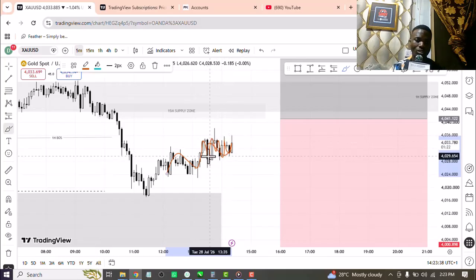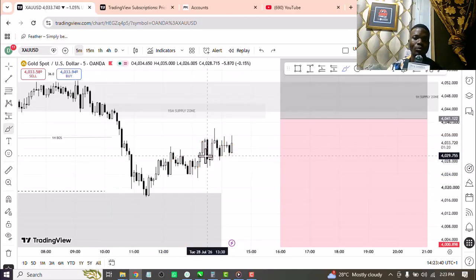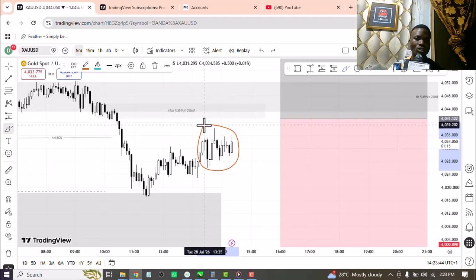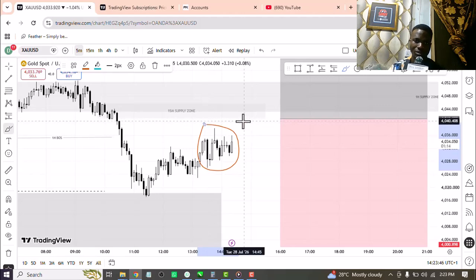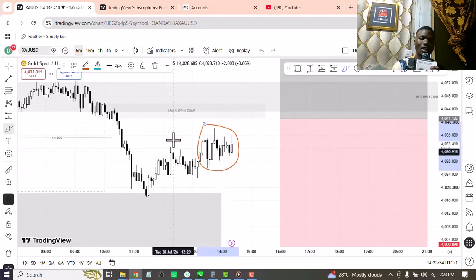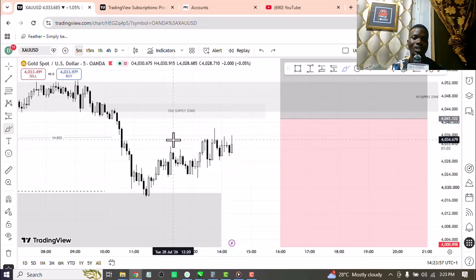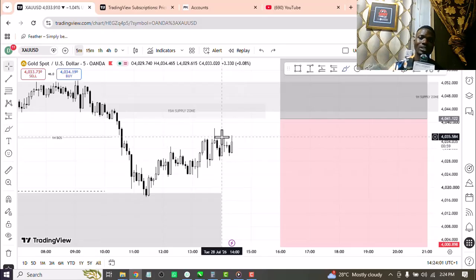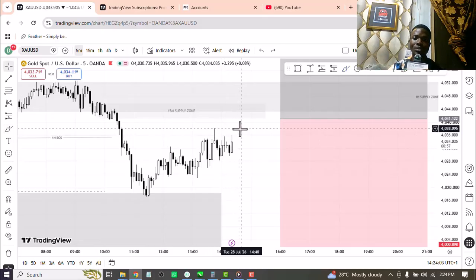When price is consolidating like this, you don't want to enter a trade. My mentor, the trading gig, usually says that if you are unable to spot liquidity, then you are most likely to be the liquidity.